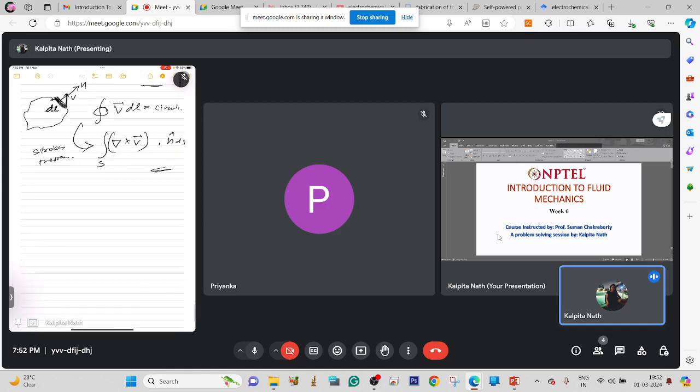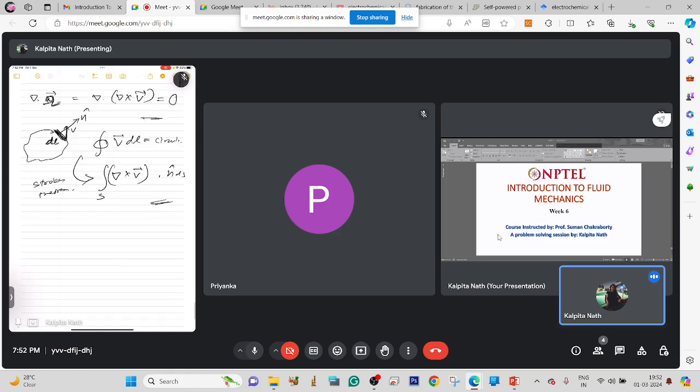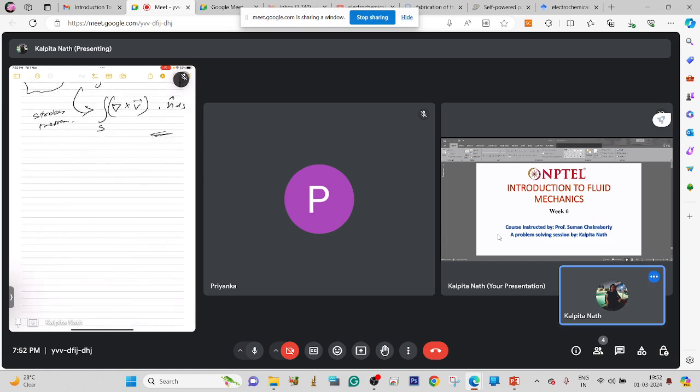Now let me give you some examples of what vorticity is, to get a real feel of what happens. If there is a fin in a stream of fluid, like if I draw fluid like this, then there will be wakes developing here.